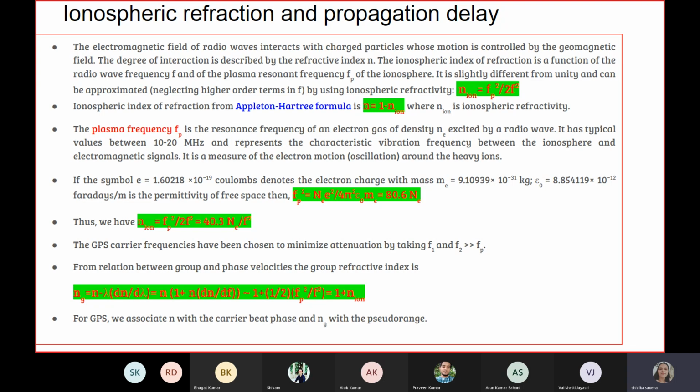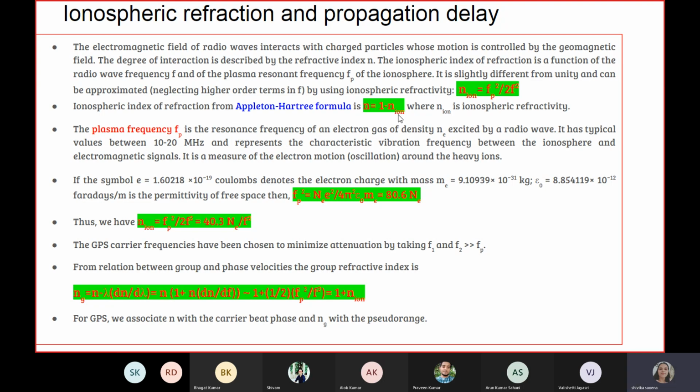It is slightly different from unity, hence again we can neglect higher order terms in f to obtain the formula for the ionospheric index of refraction, known as the Appleton-Hartree formula: n equals 1 minus n ion. N ion is the ionospheric refractivity, and small n is the ionospheric index of refraction. The same thing that we did in the troposphere, the capital N and small n relation.